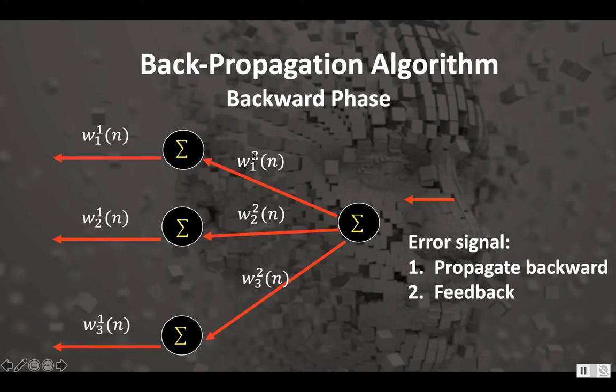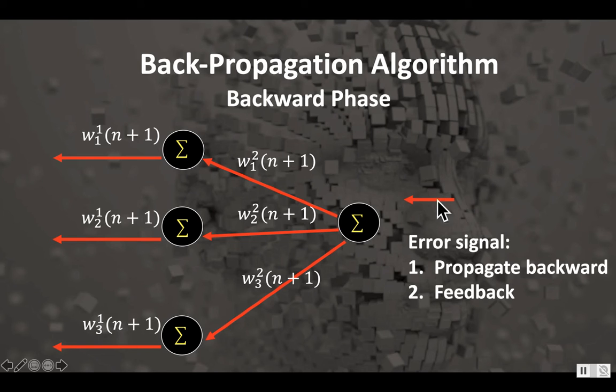The superscript 2 means the second layer, and here it means the first layer. This one means it goes to the first neuron. We simply use these to indicate different layers and different neurons. N means the current weight. After the signal goes backward, the weight changes to N plus 1. That is, the weight is updated. This is called the backward phase.